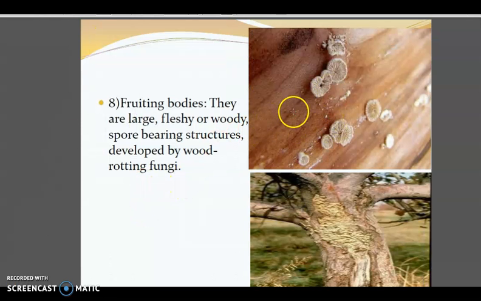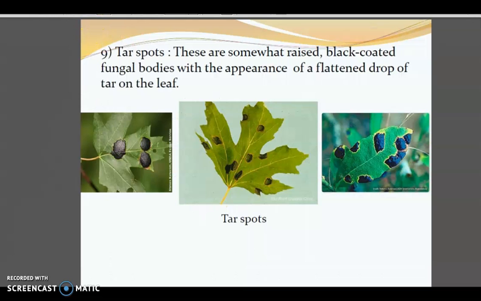Then there are fruiting bodies, developed by rotting fungi, mainly seen in wood. Then there are tar spots, black coated fungal bodies which appear like tar.